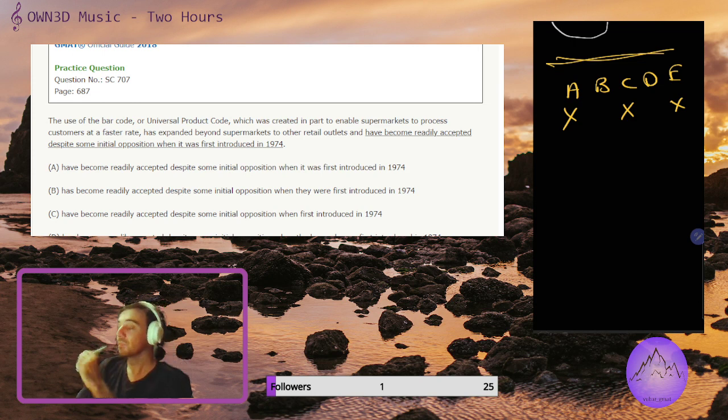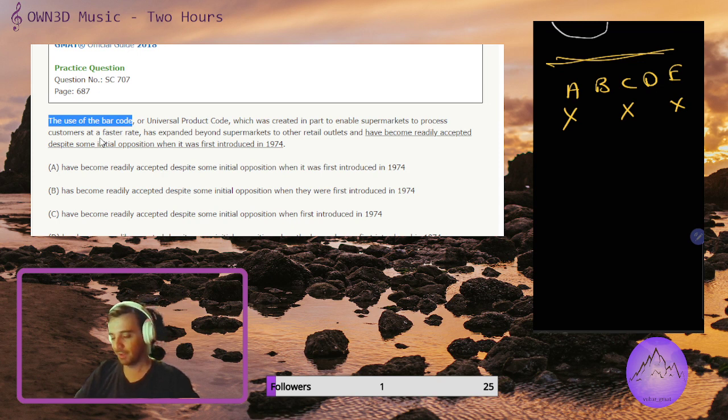So the first thing I do, like I said, is try to understand the meaning. A quick way to get to the meaning is to cut out everything that doesn't need to be there. So "the use of the barcode" is essentially the start of this sentence. I say that because sometimes it's not. Sometimes you'll have a description at the start, and then the actual start of the sentence comes after it.